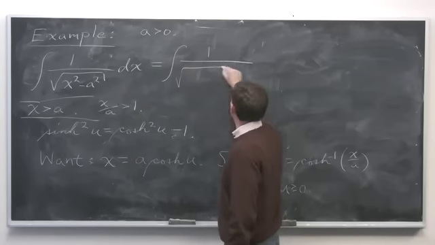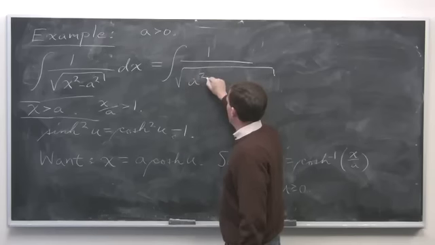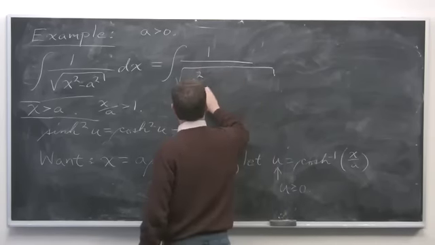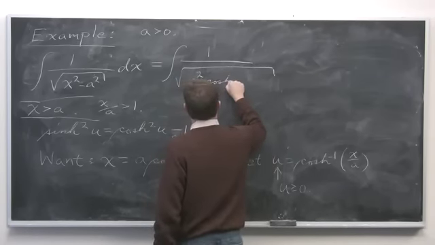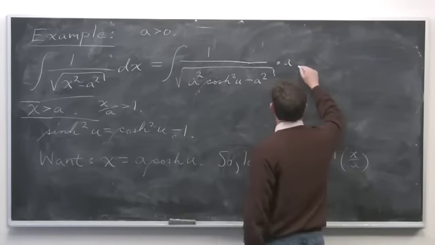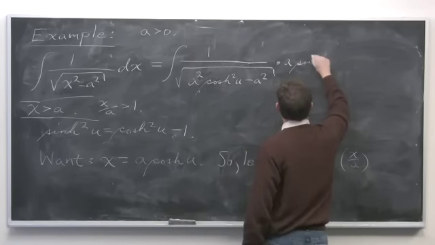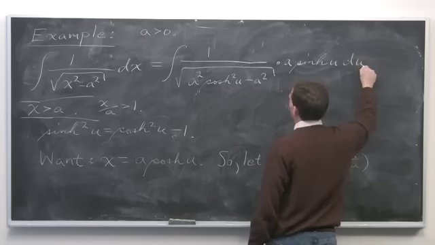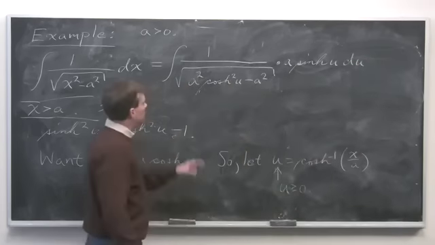That's the square root of a squared hyperbolic cosine squared minus a squared. dx is the derivative of this times du. That is a times the derivative of hyperbolic cosine, hyperbolic sine, times du.